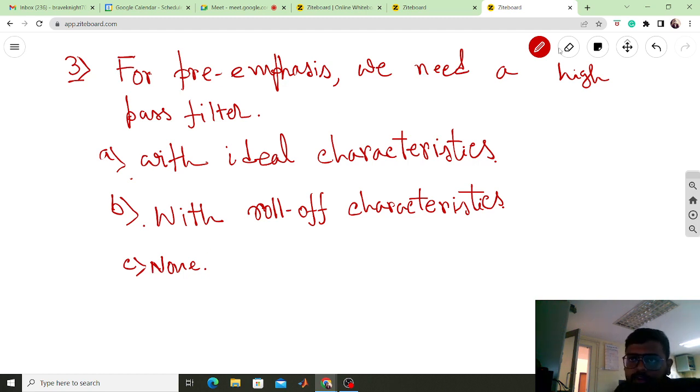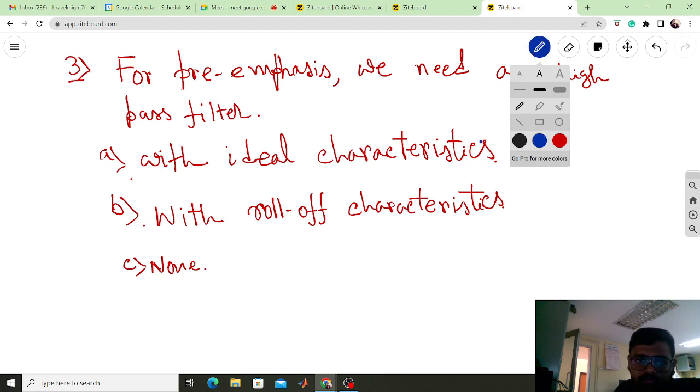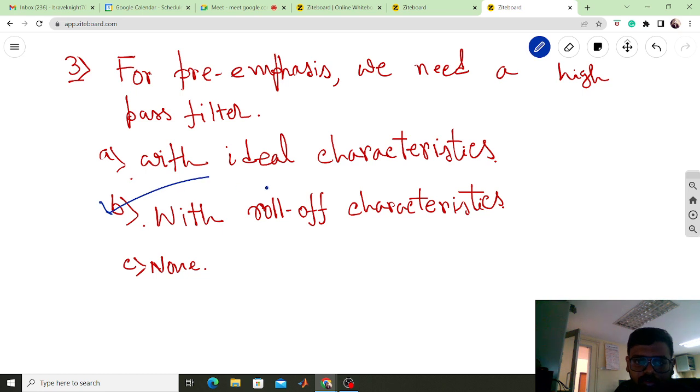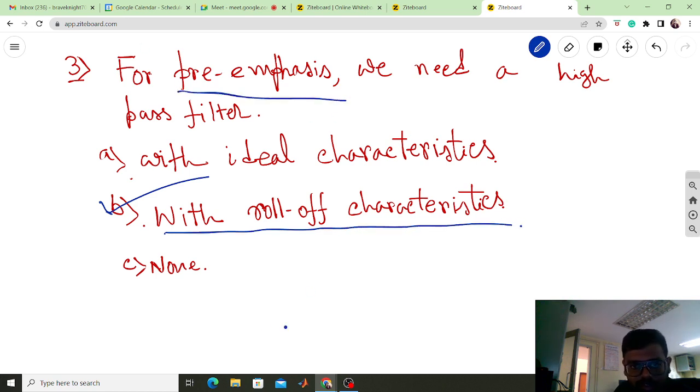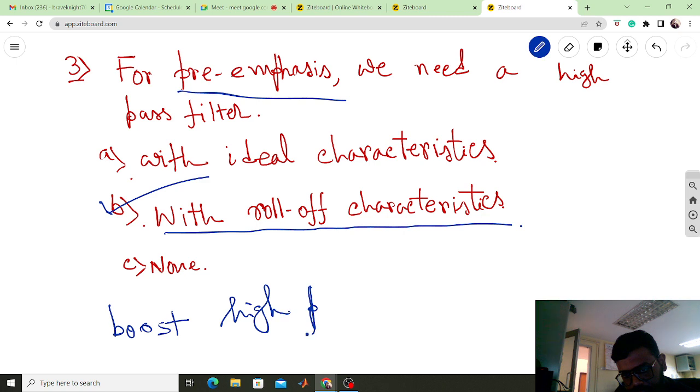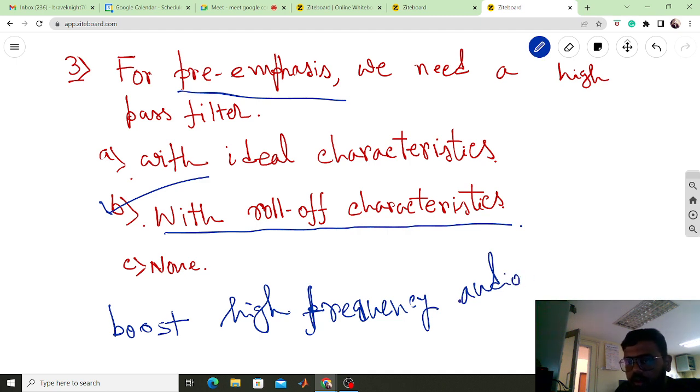So the high pass filter should be with a roll up characteristic, a particular roll up characteristic. So why do we do pre-emphasis? Just to boost high frequency audio signals, or high frequency signals, you can think.